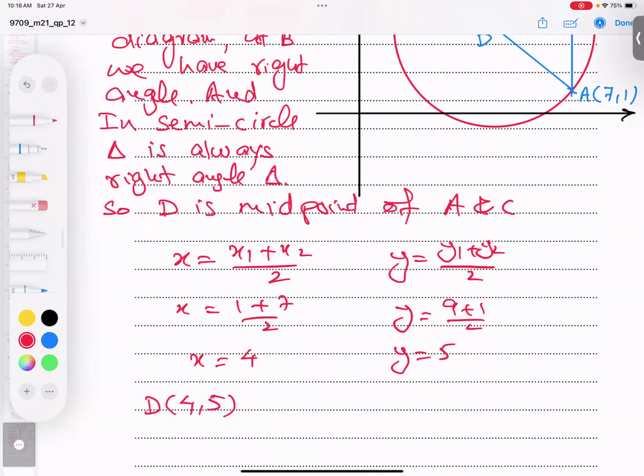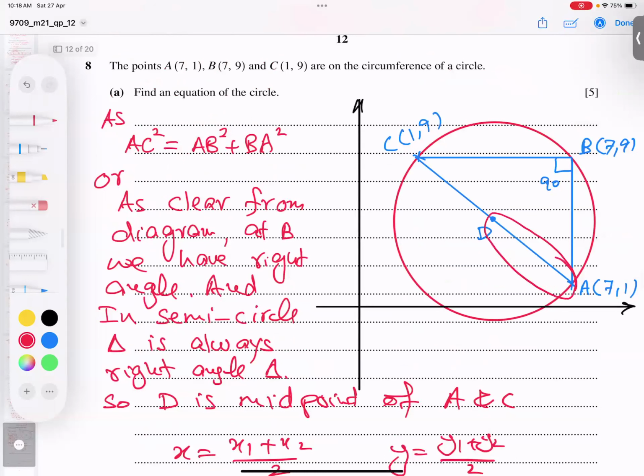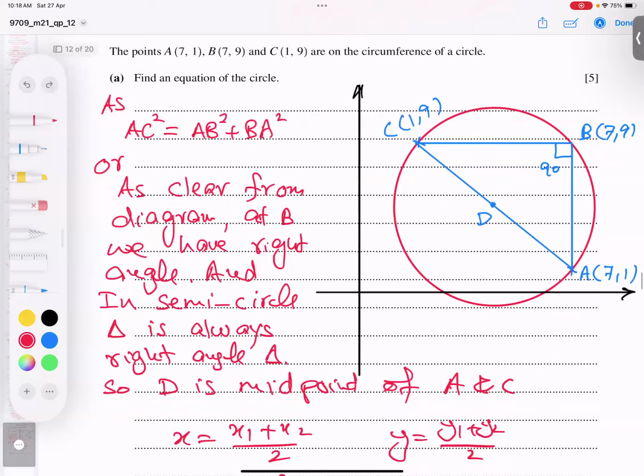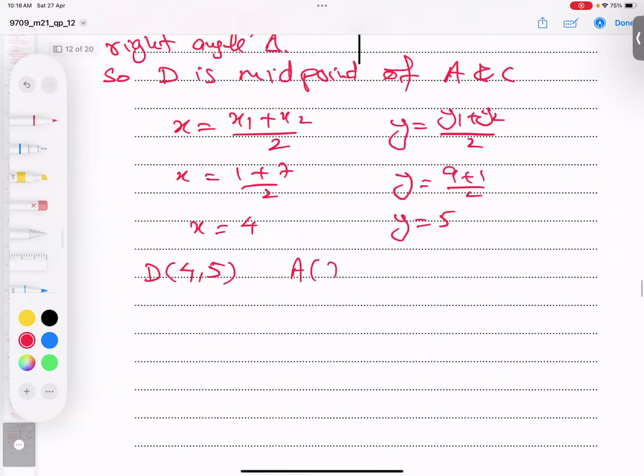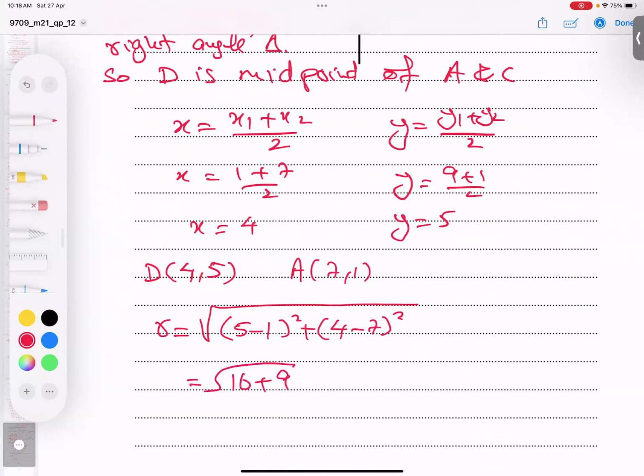How to find out the radius now? The distance between AD or DC or DB, no issue at all. I use A, (7, 1). So the radius is the distance: (y2 minus y1) whole squared plus (x2 minus x1) whole squared. This is a 4, so 16, and this is a 9, so I got 25, and the root of 25 is 5.